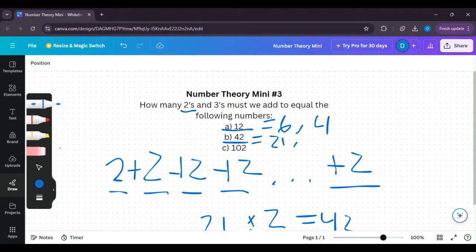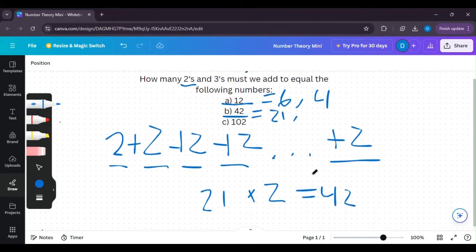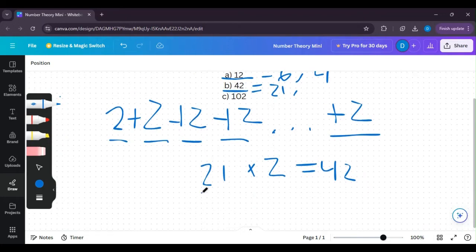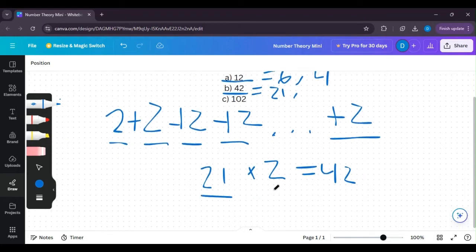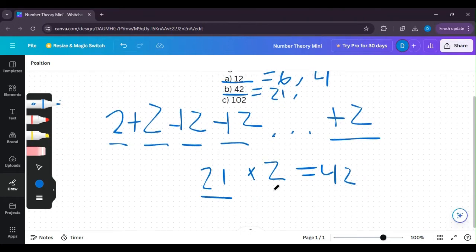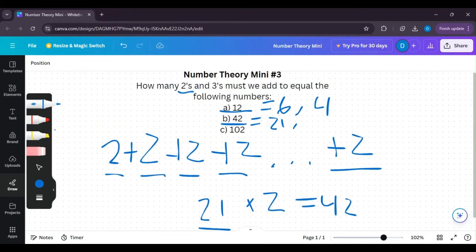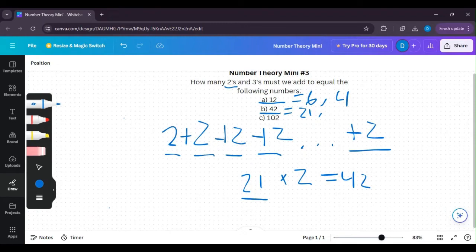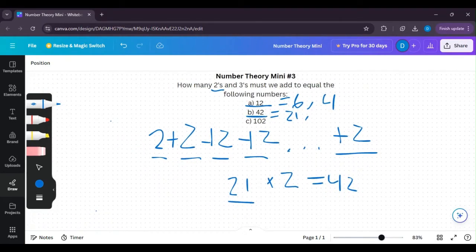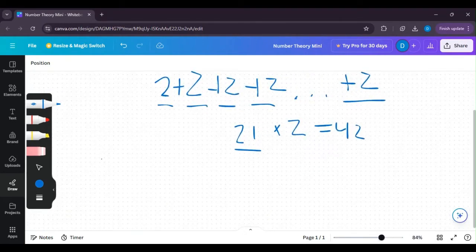So this is just multiples. These are multiples of 2. 21 times 2 is equal to 42. And we can finish the rest of the numbers by using multiplication.